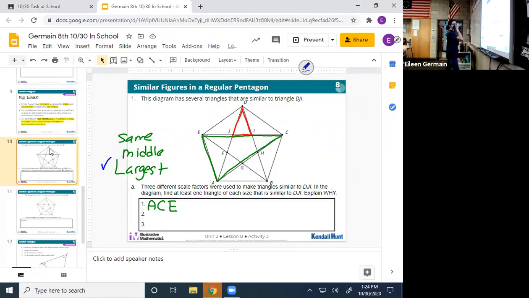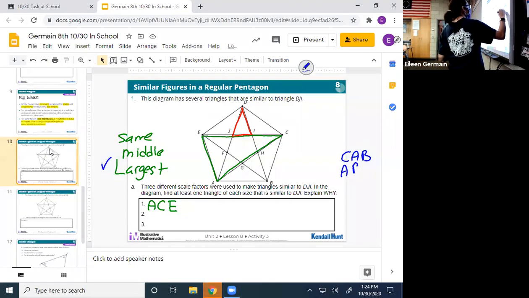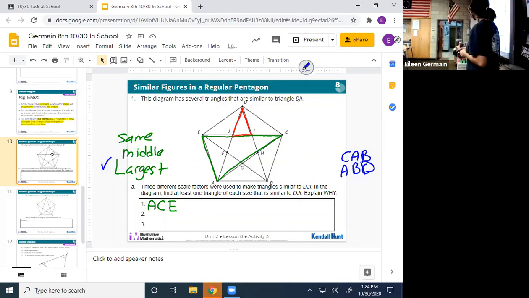Once you start finding triangles that are similar, throw them in the chat so that we can all look at them, and I can keep everybody included in the discussion. I'm writing them down for now, and then we're going to test them when we come back together.